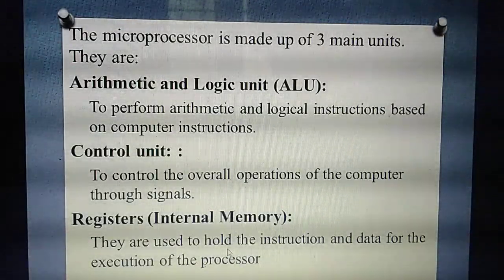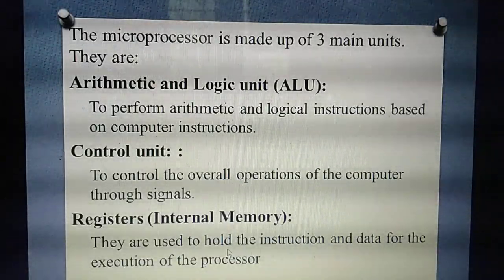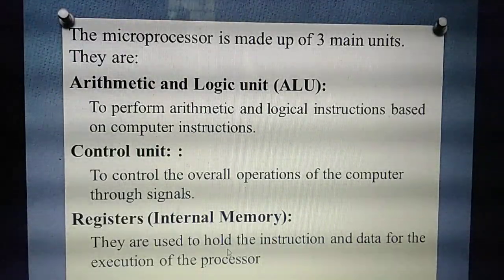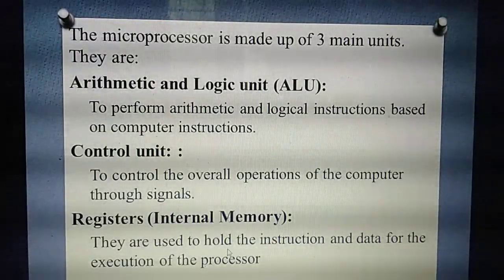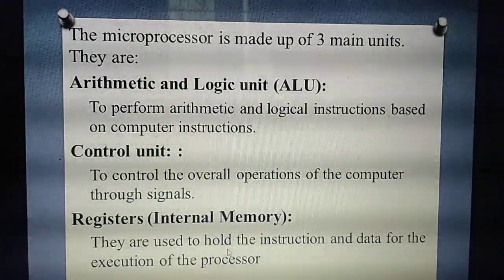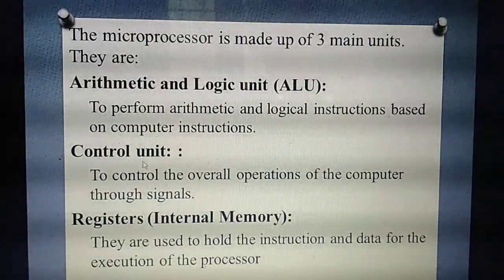Based on that instruction, it will perform that calculation. The logical operations I will take at the last. That's the use of the arithmetic and logic unit. Next thing is the control unit.